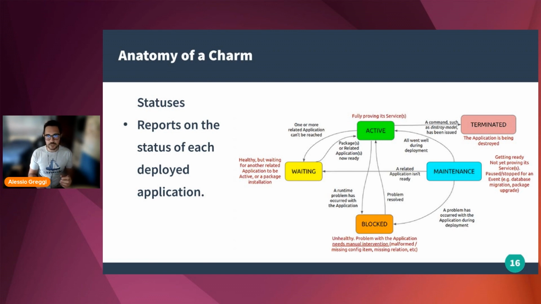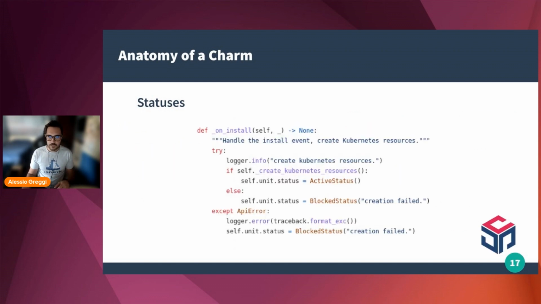So the status that you can code and that you have to use in order to notify the final user about the status of your application. So as I wrote in the slide, they report the status of each application that is deployed. The most common statuses, also in our charm, are the active status and the blocked status.